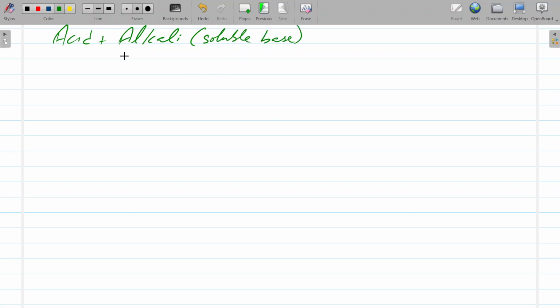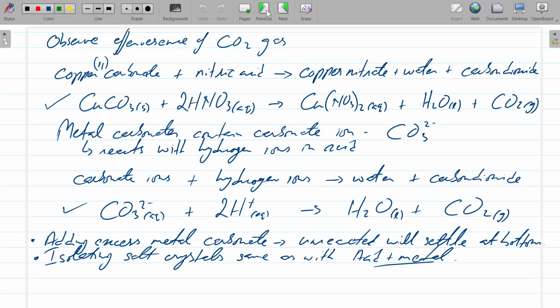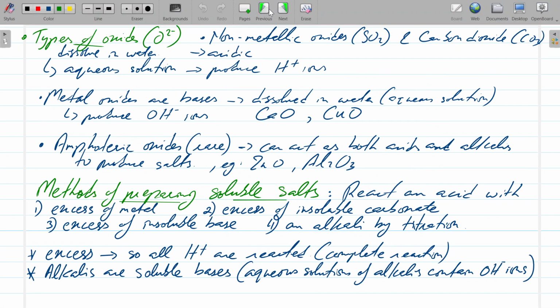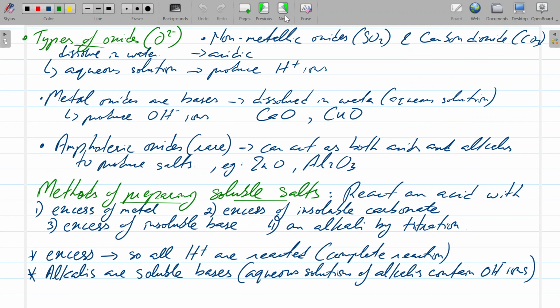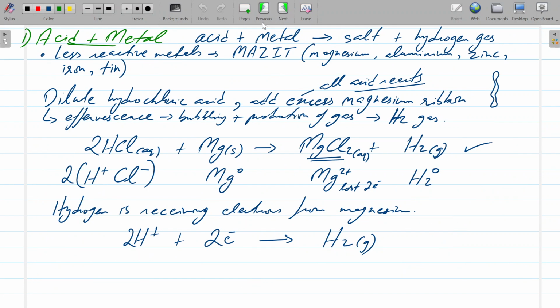As we mentioned in our review, we did that last time. Alkalis are soluble bases. If you've got insoluble bases, such as oxides and hydroxides, then they're still bases. They still have that whole pH thing, but they just can't dissolve in water, whereas alkalis are the ones that can dissolve in water.